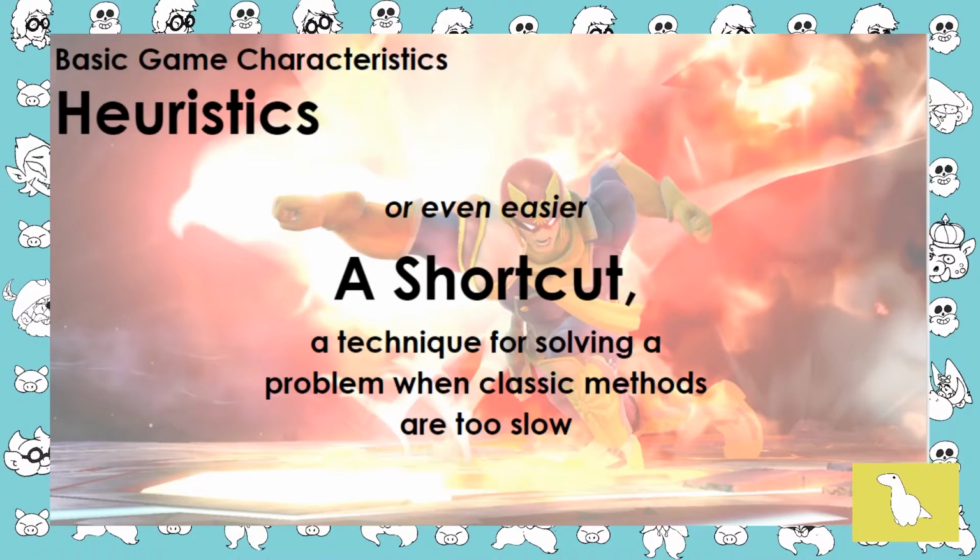Probably even easier is a shortcut, so a technique for solving a problem in the game when classic methods are too slow. So you could, for example, pick up ammunition for a weapon in a shooting game only when you run out. But in reality, what you should be doing is grabbing all the ammunition you see on the way, so you don't get to the point where you have run out and then have a problem.